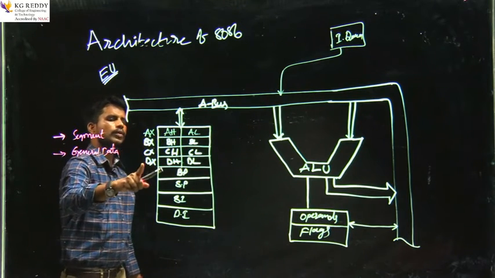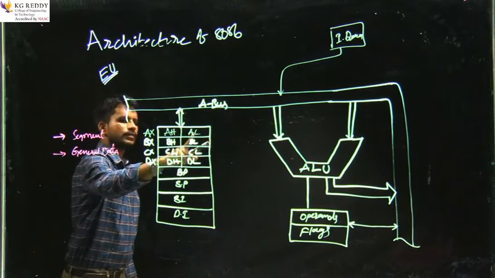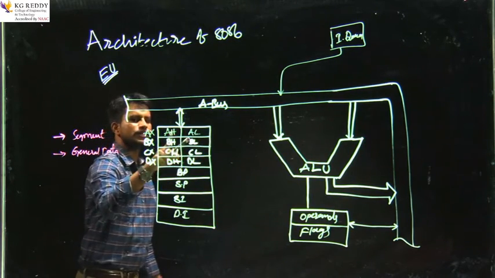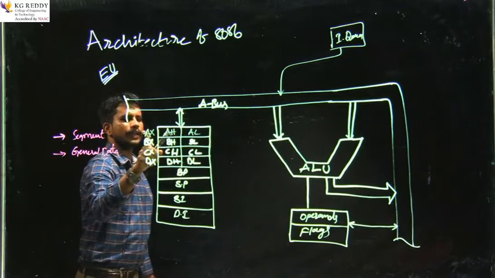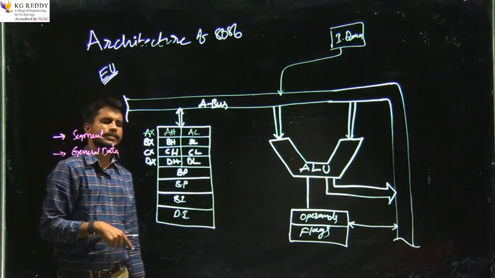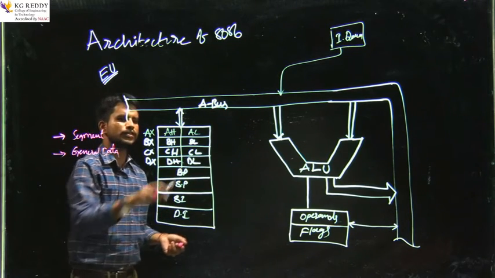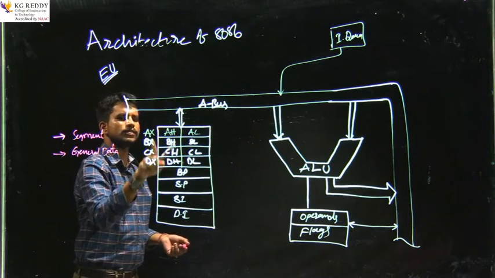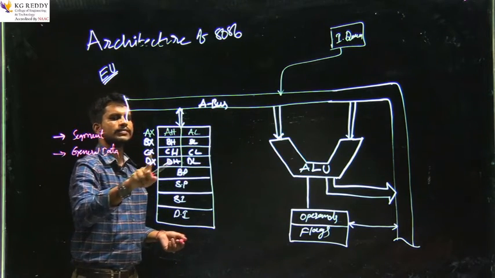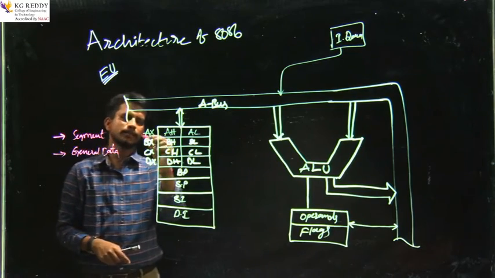All four are 16-bit general data registers, divided into 8-bit registers AL, AH for AX, BL, BH for BX, and CL, CH, DL, DH for CX and DX. Based upon the type of operation or memory storage requirement, we can use these 8-bit registers as well as 16-bit registers. Let us discuss them in detail one by one.